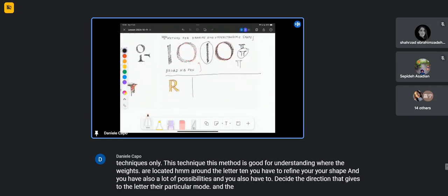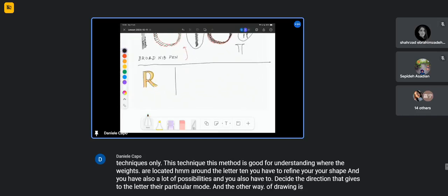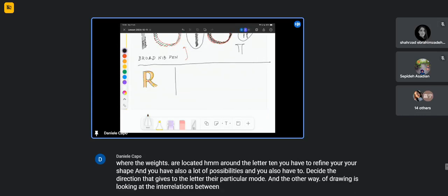And the other way of drawing is looking at the interrelations between the empty part and the black part, so positive and negative.